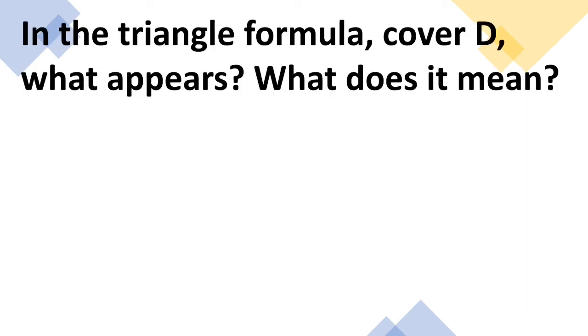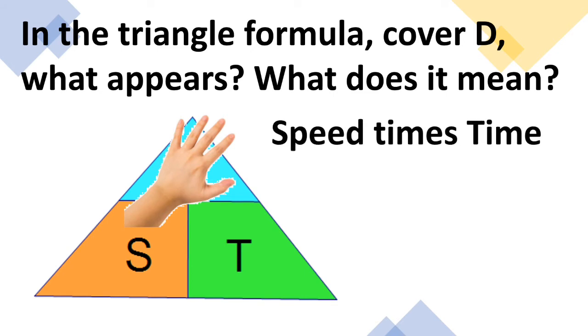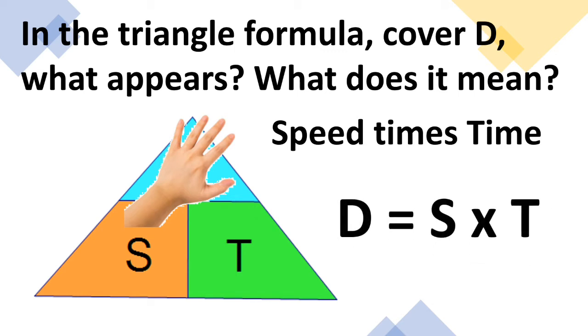In the triangle formula, cover D, what appears? What does it mean? When we cover letter D on the triangle formula, we have S and T, which is speed times time. And that gives us the formula: distance is equal to speed times time.